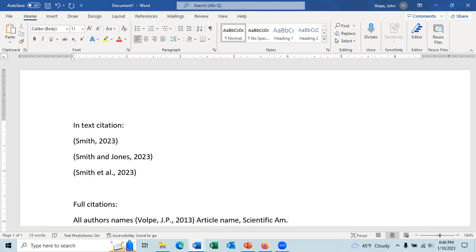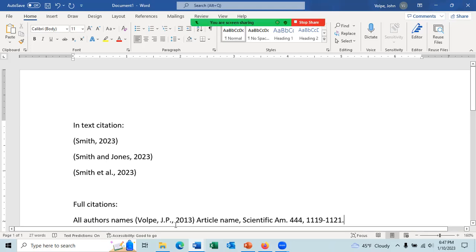Scientific American, and then the volume number, we're just going to put a number, and then the page numbers. Is that everything? I think that's right. The year, the name, the volume number, and then the page numbers.